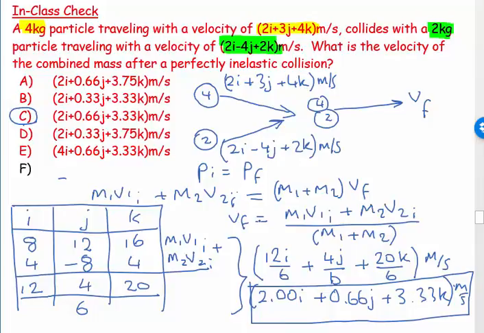And then to get my final answer, I recognized I needed to divide that vector by the total mass, which was 4 plus 2 is 6. So this here is my v final. And I wrote the v final out in fractional form and then in decimal form. There we have it.